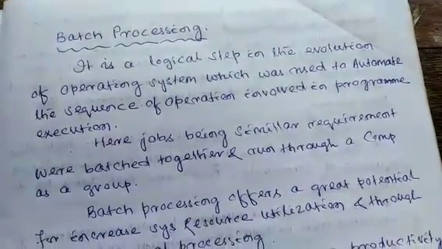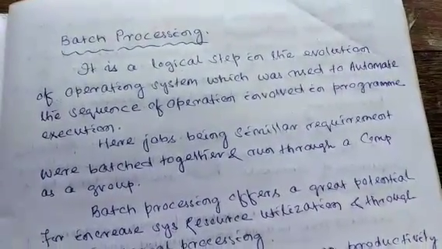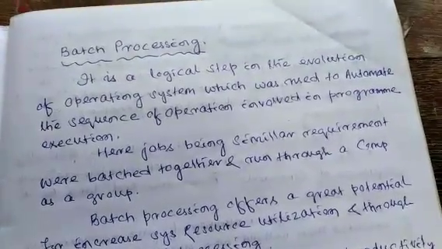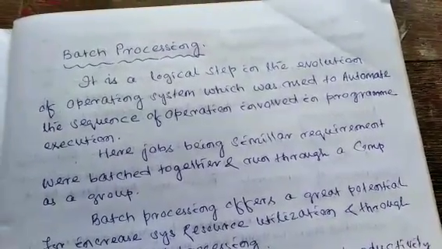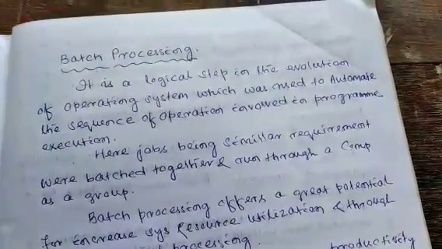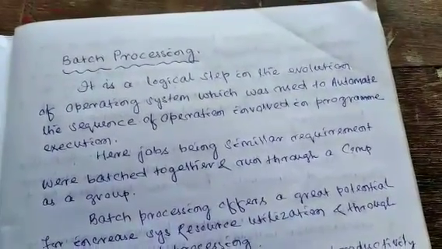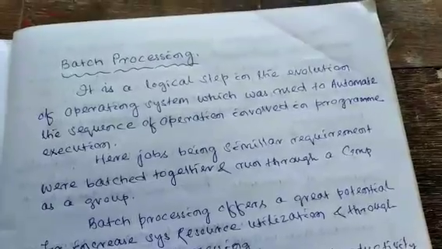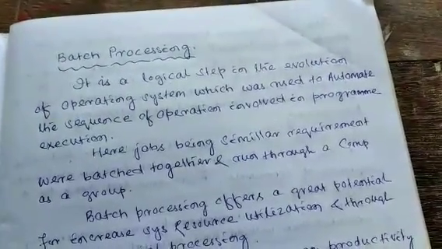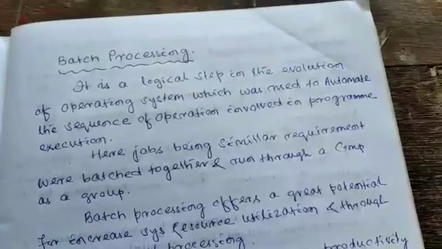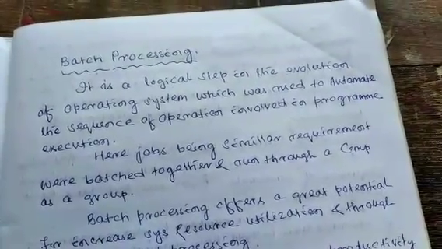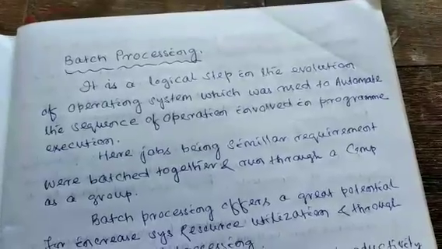It is a logical step in the evolution of operating systems, which was used to automate the sequence of operations involved in program execution. Batch processing is better as compared to serial or single processing. In batch processing, it is multiple processing, simultaneous processing at the same time; a number of jobs can be executed.